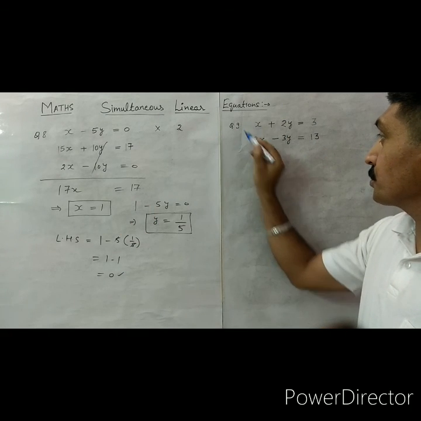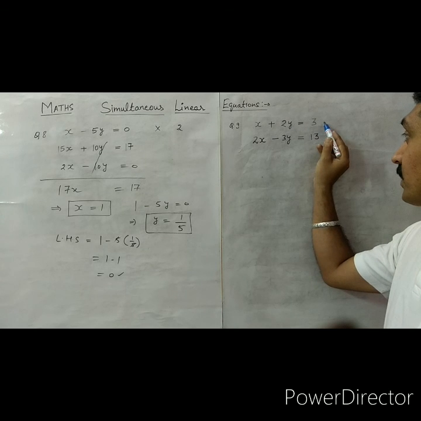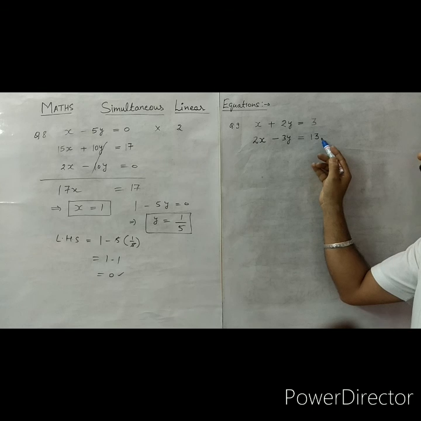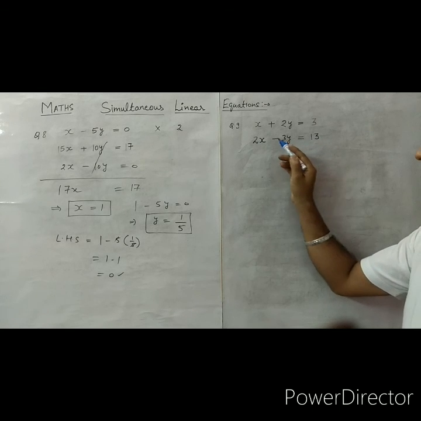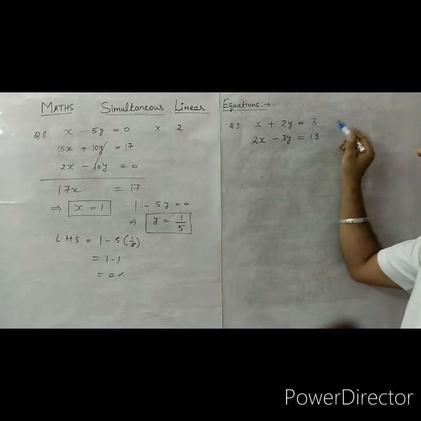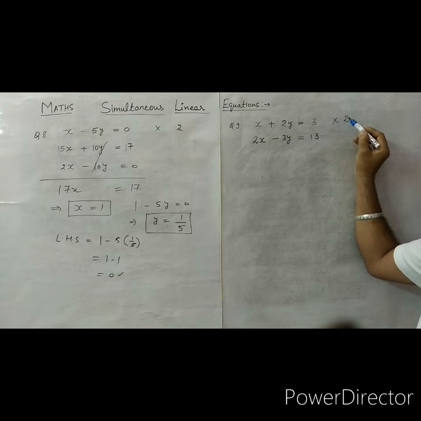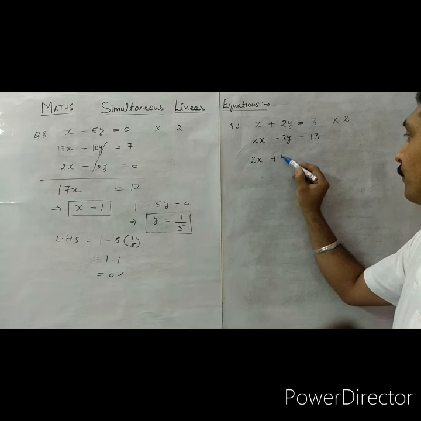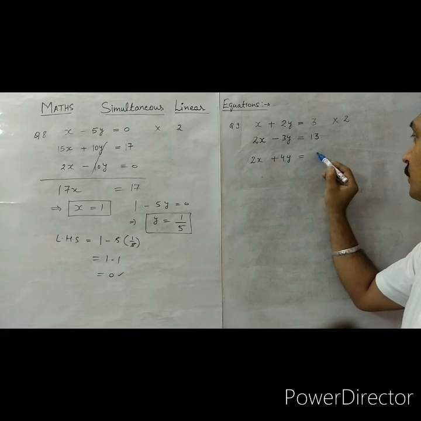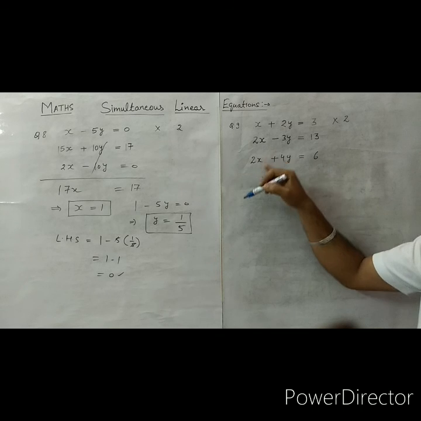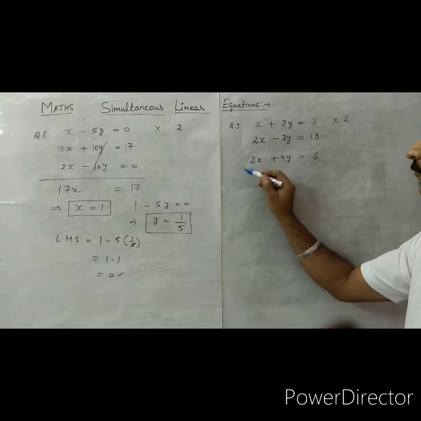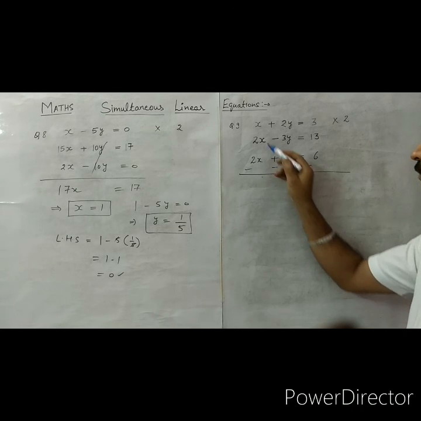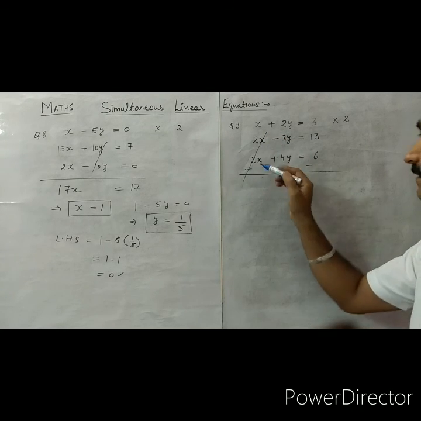So the last question is x plus 2y is equal to 3 and 2x minus 3y is equal to 13. So we can eliminate x here. Multiplying equation 1 by 2, we get twice of x plus 4y is equal to 6. Now from these two equations, if we subtract one from another, x will be eliminated.